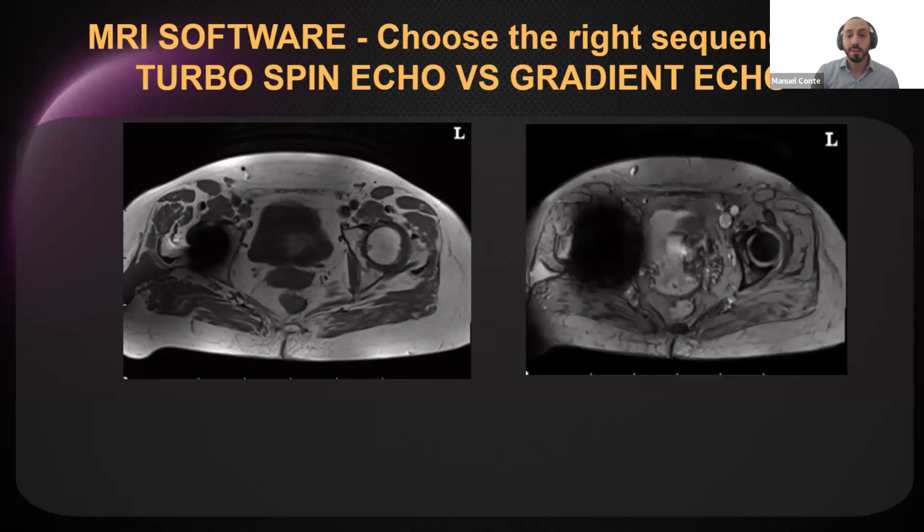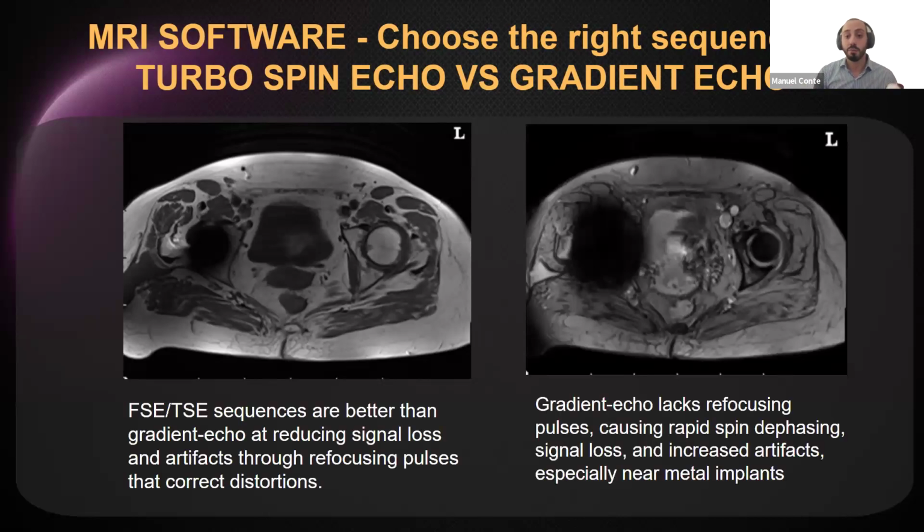In the gradient echo, as I said, we don't have the refocusing pulse, so there is a rapid dephasing of the spins that causes a huge artifact. So my advice is not to use the gradient echo in general, but to use spin echo and turbo spin echo.